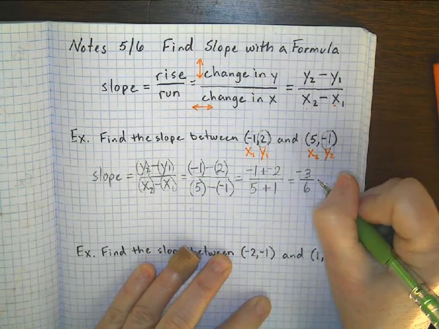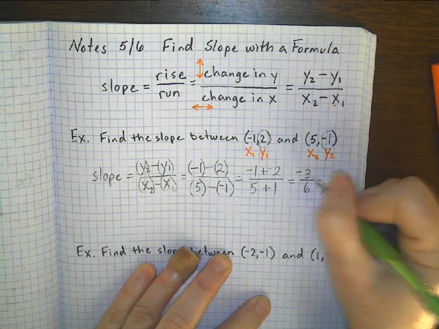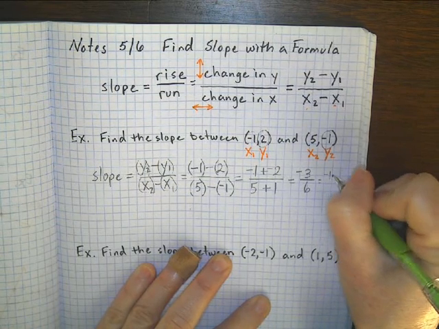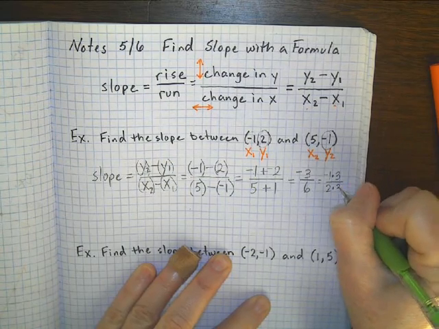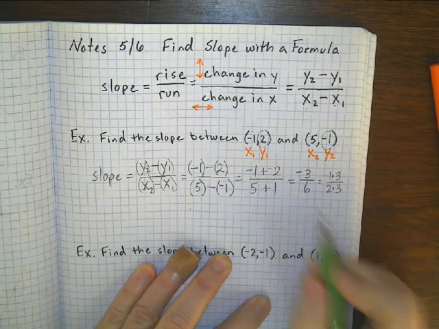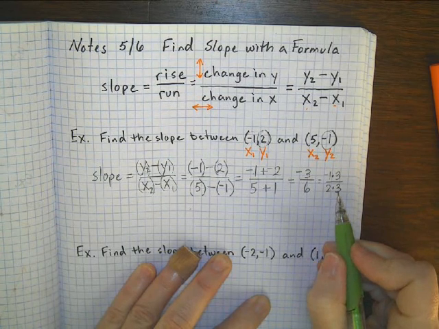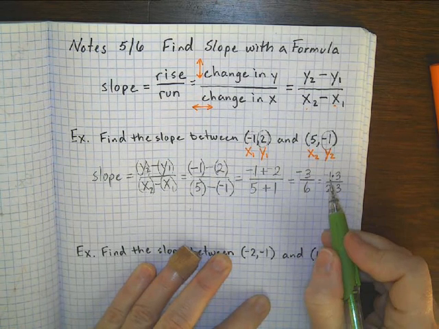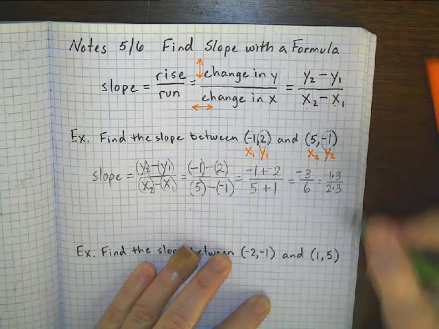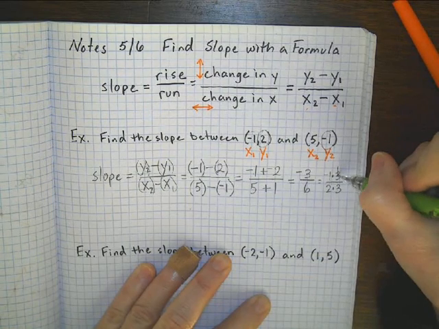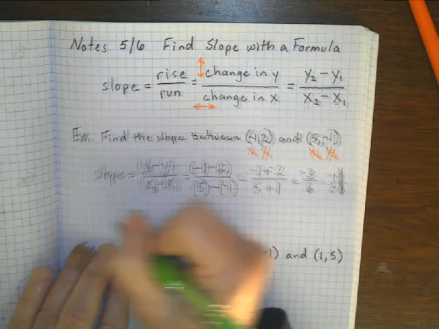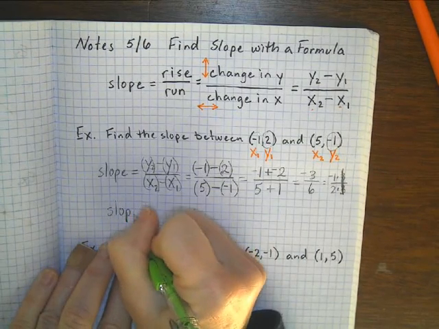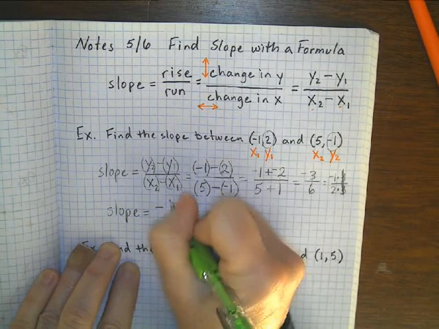And I can simplify that. This is the same as -1 times 3, and on the bottom, 6 is the same as 2 times 3. 3 divided by 3 is just 1. So what am I left with? I'm left with my slope is equal to -1/2.